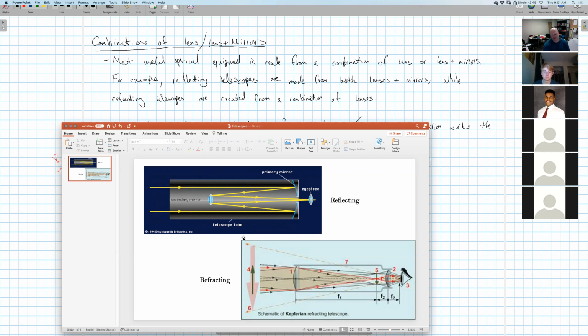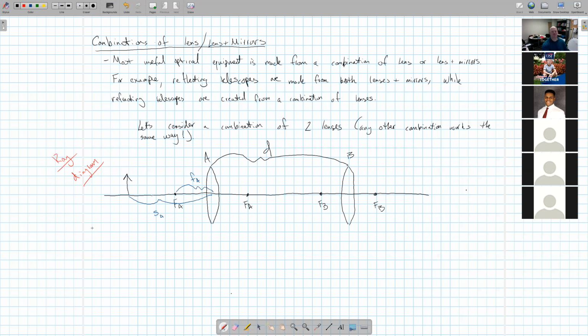The reason you have diverging lenses is because the light's coming in at an angle, so by the time it comes through here, you want it to go pretty much straight. You want it to come in a straight line into the second diverging lens, where it then is going to diverge outward. But it just depends on the type that you're using. Sometimes it could use 2 converging lenses, 2 diverging lenses, or a combination thereof. Typically, optical instruments are created from combinations of lenses or lenses and mirrors.